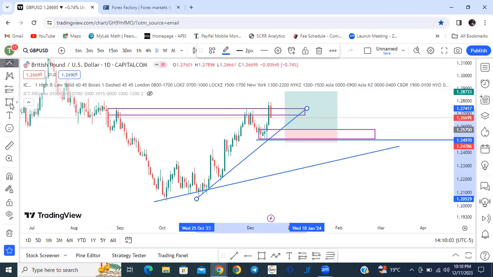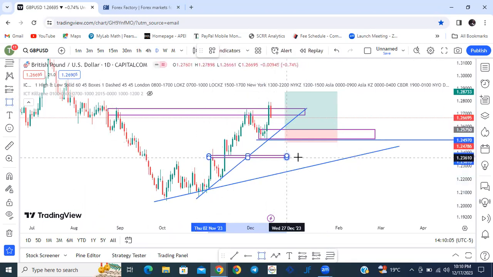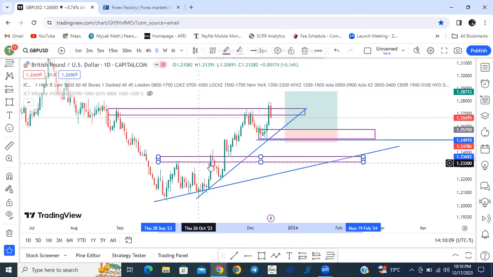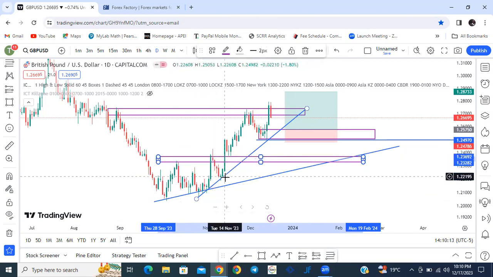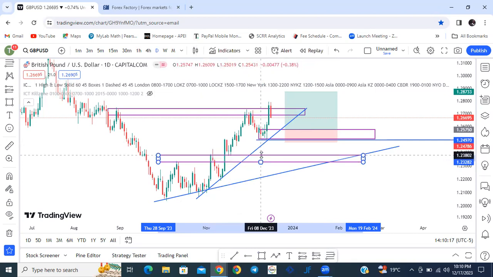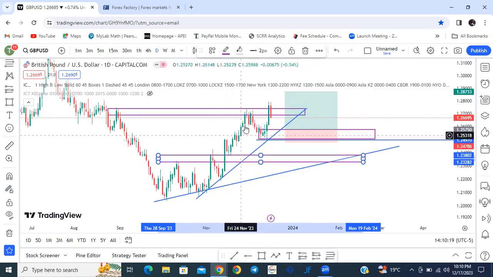This area is a very key level. So this was resistance, then there was the rejection again, then the breakout candle, then the retest, and the price pushed up. So you might want to see the price come down to this level and then go up again.